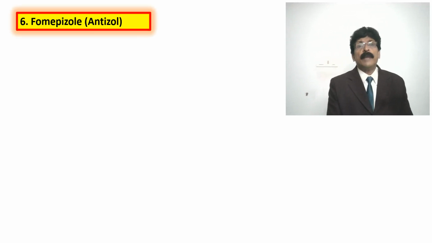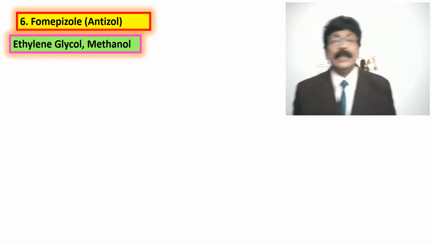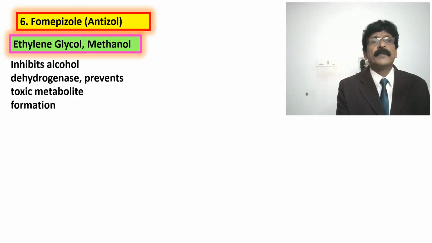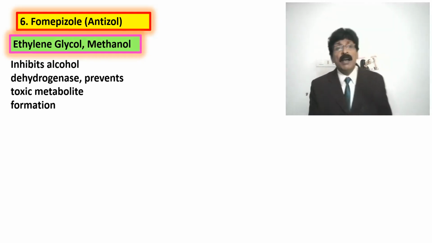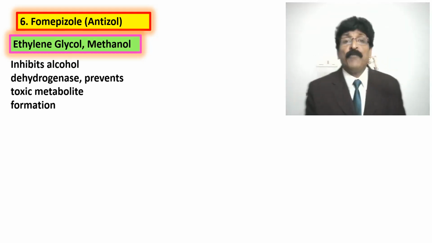Fomepizole, antizol. Fomepizole, antizol can be used for ethylene glycol, methanol poisoning. Inhibits alcohol dehydrogenase, prevents toxic metabolite formation.